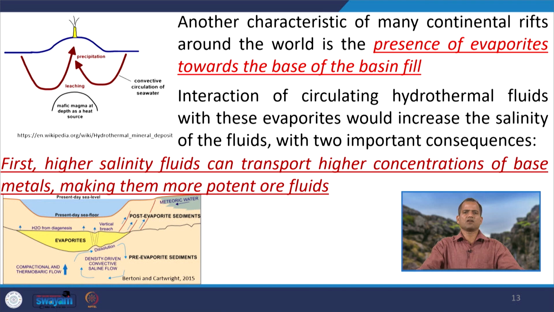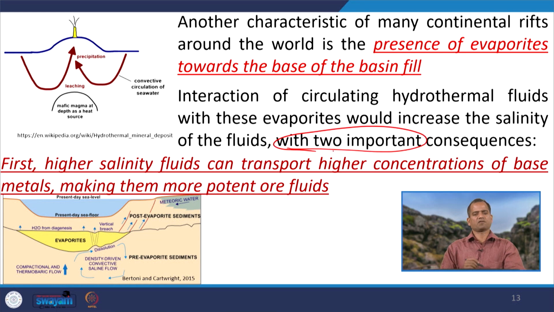So, interaction of circulating hydrothermal fluid with these evaporites would increase the salinity of the fluid, and once salinity is increased, it has two important effects. First, higher salinity fluid can transport a higher concentration of base metals, making them more potent ore fluids.